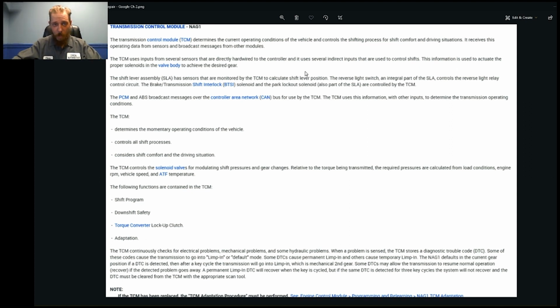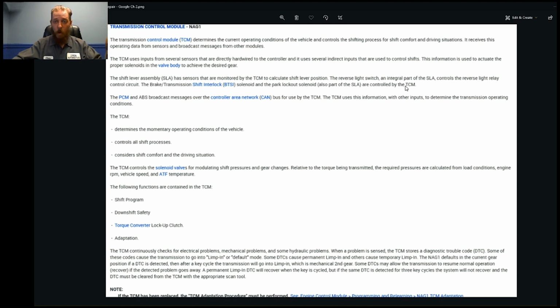Information is used to actuate the proper solenoids in the valve body to achieve the desired gear. Cool. Pretty standard for a TCM. Nothing mind-blowing there, right? The shift lever assembly, SLA, which we will be looking at, has sensors that are monitored by the TCM to calculate shift lever position. Okay, that's fine. That's our center console shift lever.